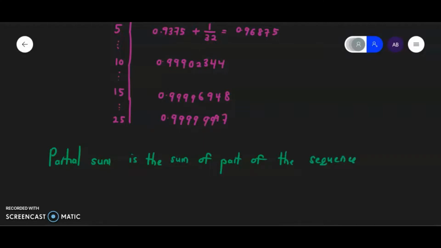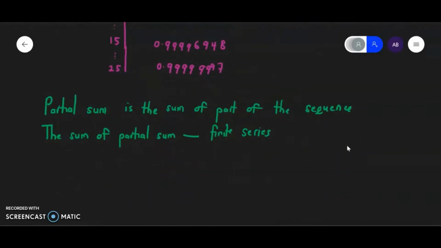And this sum of a partial sum is called a finite series. So in other words, the partial sum of an infinite series is the sum of the finite series of consecutive terms beginning from the first term.